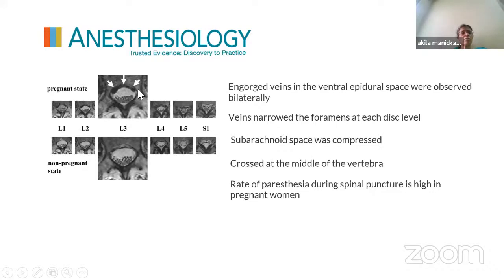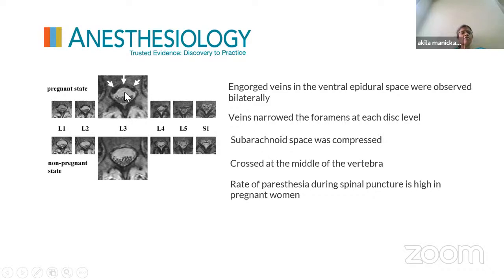And what do these veins do? They were compressing the subarachnoid space. This compression was observed more at the lower levels, for example L4 and L5, than at L1 and L2. And they often crossed at the middle of the vertebra, and the veins narrowed the foramens at each level.